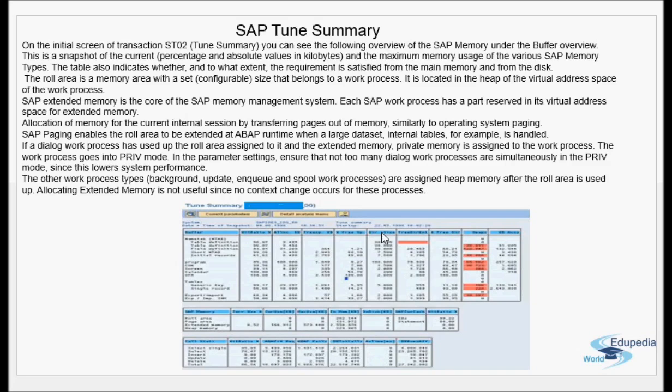Especially the tuning ones, you might not get something from these transactions every day, like whether to check this tune summary or ST06 every day, but you have to collect the stats from these 2 transactions, and it will be very useful for analysis. Sometimes when a problem comes, you have to identify whether you have to increase SAP memory or operating system resources like CPU or memory, and then you have to analyze it over a period of time.